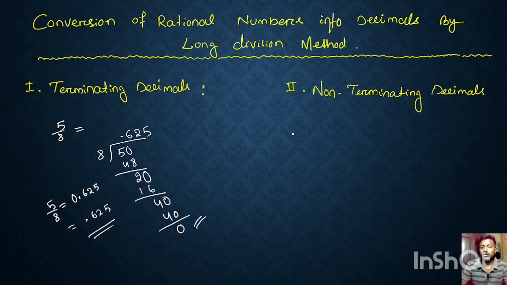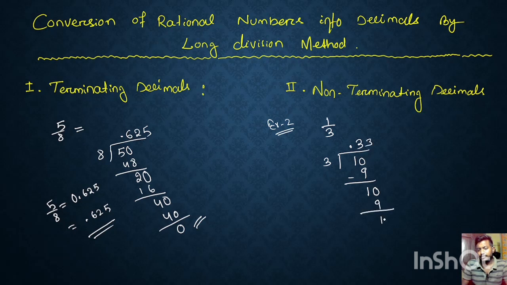This is called a terminating decimal number, which means the remainder is equal to 0. Then what is a non-terminating decimal? Suppose example 2, 1 divided by 3. Now we divide 1 by 3. First put a decimal, then 0, 10, 3 3 9, again minus 1. Then due to the decimal we put 0. So 3 3 9.